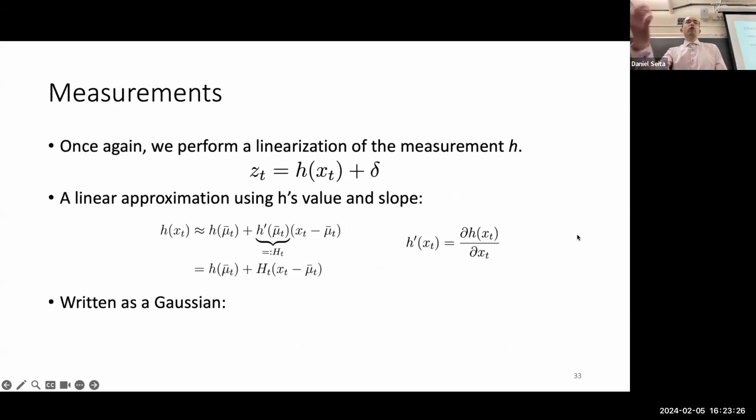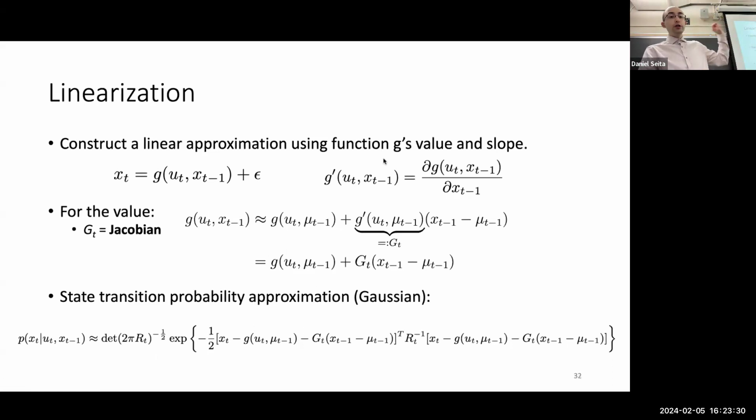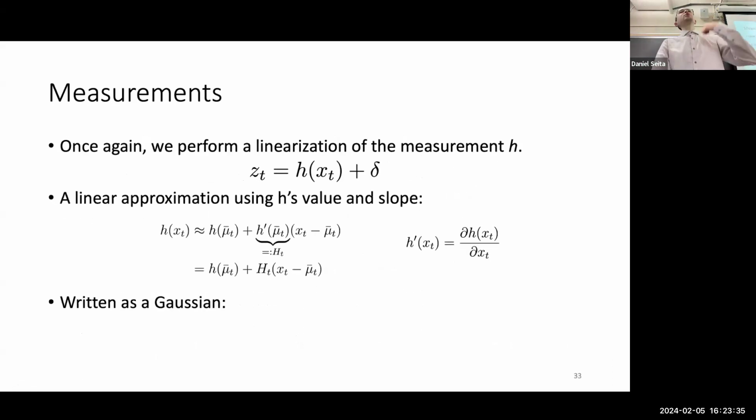All right, and then one more linearization. So we did a linearization of the function g, which is for the transition probability. And then we also do a linearization for the measurement. So remember that we had z_t equals some arbitrary nonlinear function h of xt plus some noise.